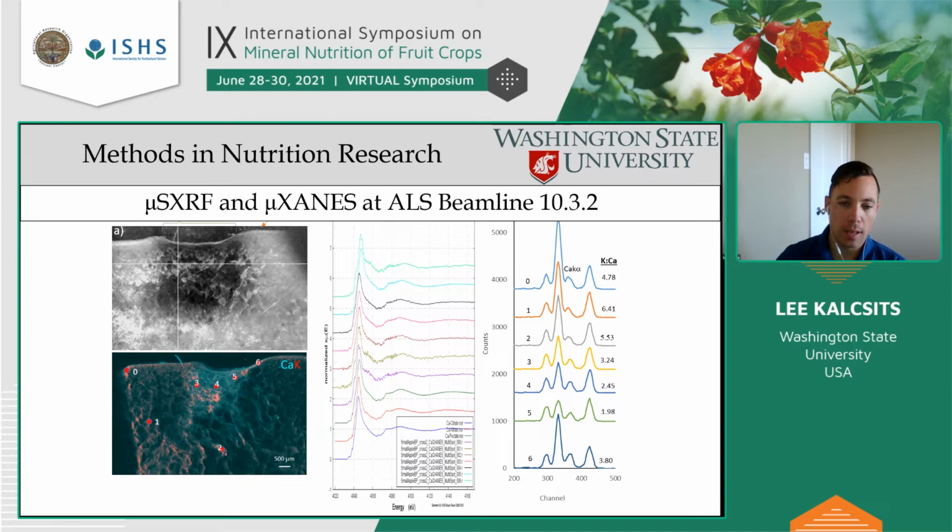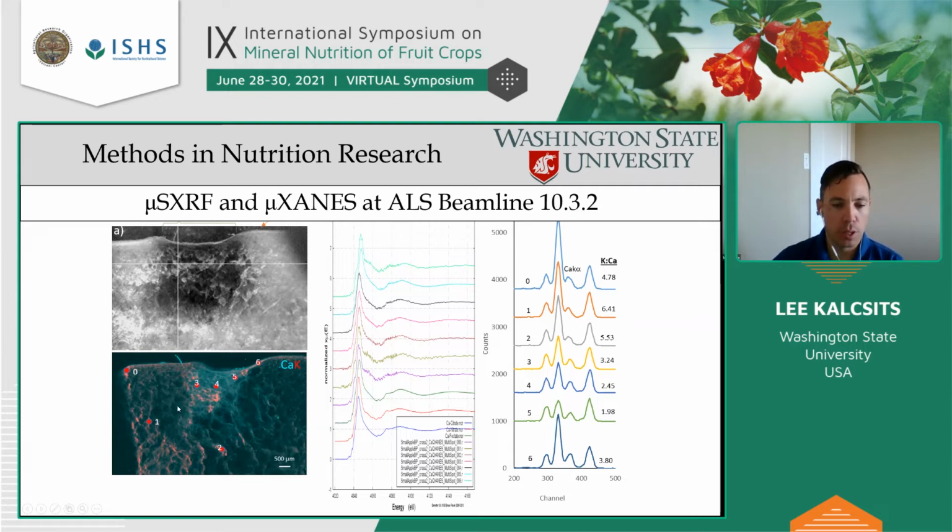Based on that, we can look at the different types, or speciation, of calcium on a spatial distribution basis, and see where there's more calcium citrate, more calcium nitrate, or more calcium pectate. Again, this is a two-dimensional sample that's excised from the fruit and frozen on a Peltier cooler.